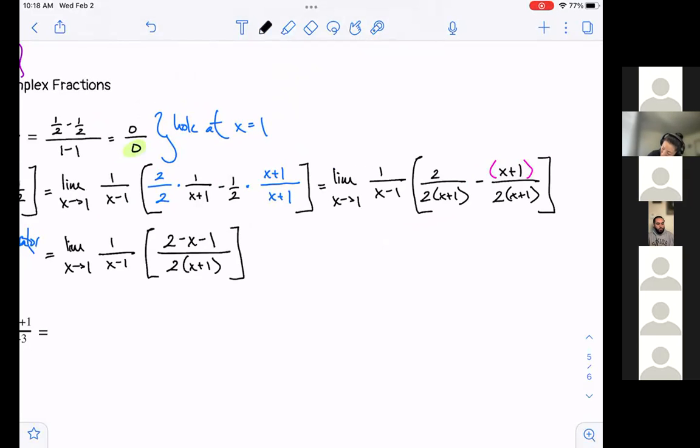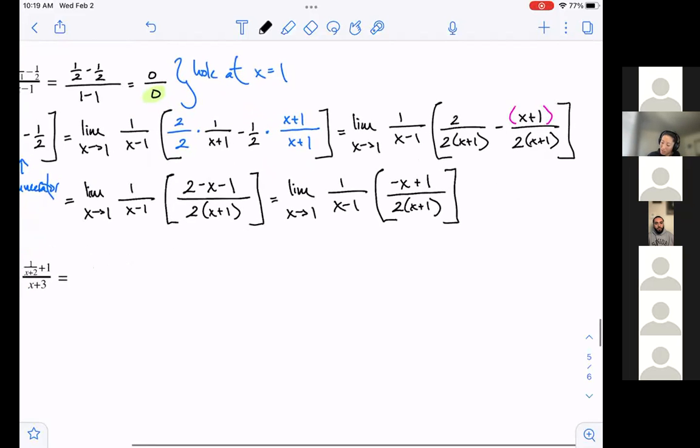What does that give us for the numerator inside here? Great, negative x plus 1.